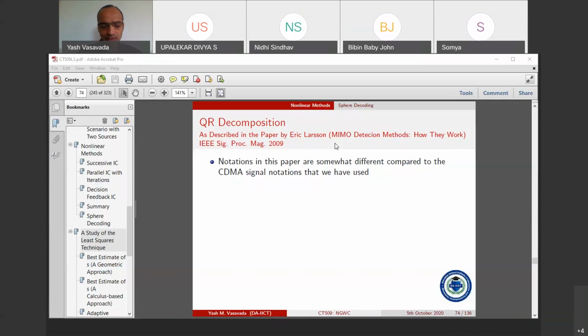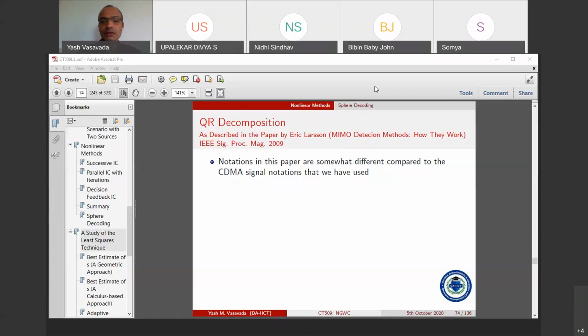Today I wanted to mainly review one paper on sphere decoding. This is the last topic that I want to cover as a part of this generalized modulation, demodulation topic. In the lab that I have given you, I have not included sphere decoding, but it is a natural extension to those 6 algorithms that you are studying as part of lab 4.